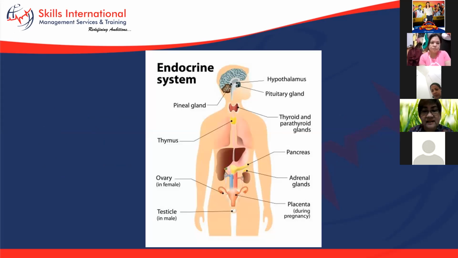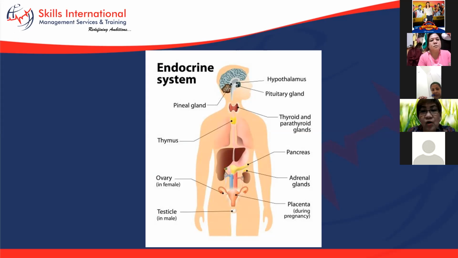Okay, so there is the hypothalamus, the pituitary gland, the pineal gland, the thyroid, and the parathyroid glands, the pancreas, where it secretes the insulin, the adrenal glands of the kidneys, the placenta during pregnancy, the testicles in men, the ovaries, and the thymus of this endocrine system.